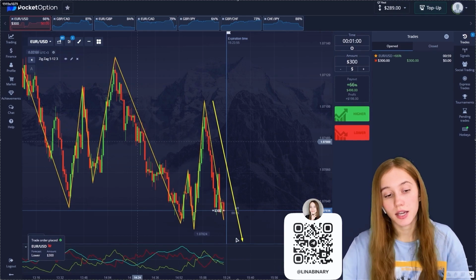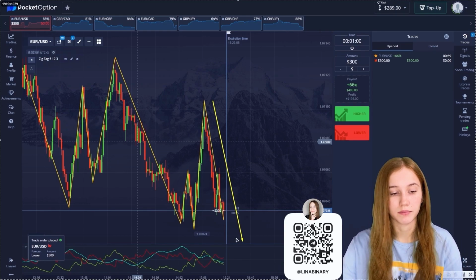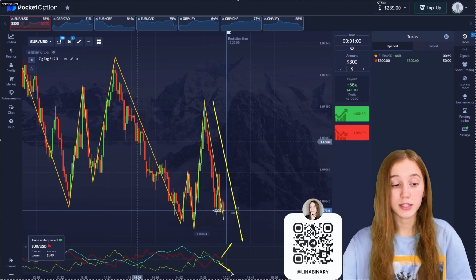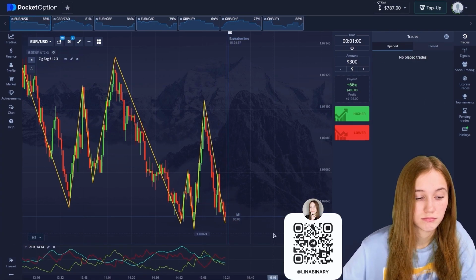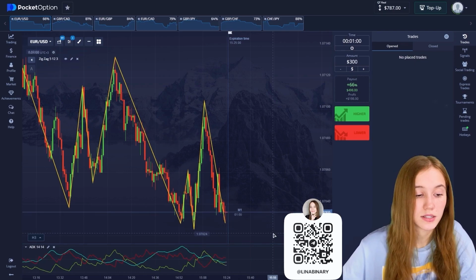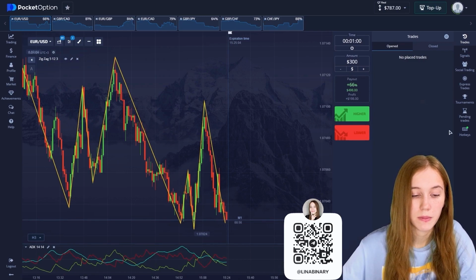And by ADX, we also see a clear downward trend. This is important. The intensity drops, we see it in the range. Yeah, excellent. The deal goes well. Everything is looking good.